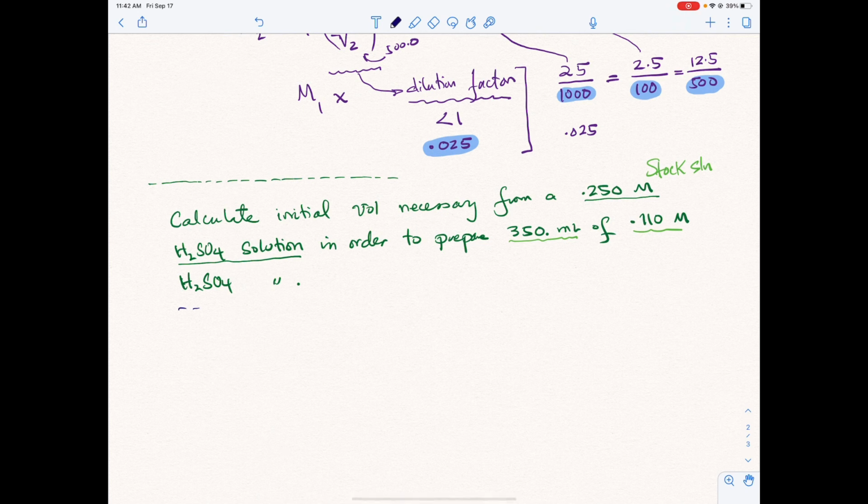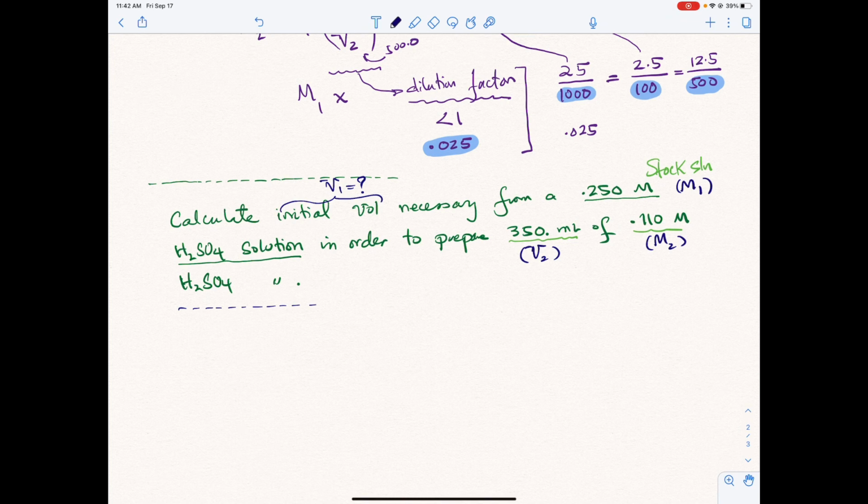So here is the answer. The stock solution is my M1, and my M2 is my dilute solution, my V2 is my final volume, and the initial volume that they want me to figure out is V1.